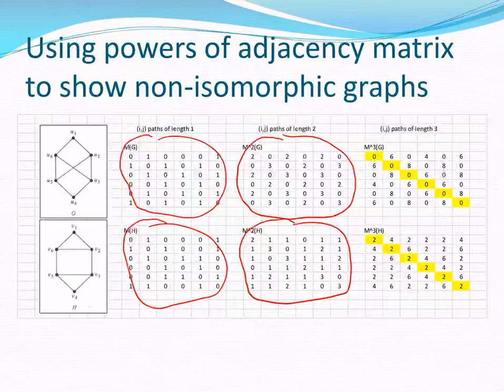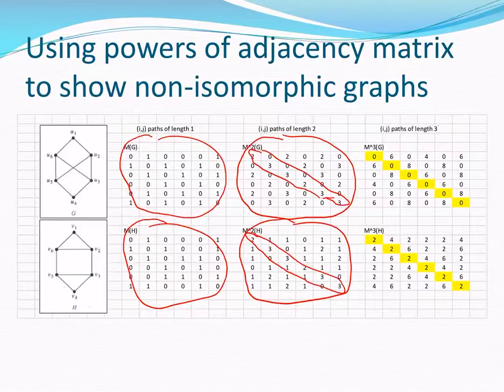But if I'm worried about circuits, I want to be looking along the diagonal, and you can see that the diagonals in these cases are the same. So the number of paths of length 2 back to each vertex is the same.